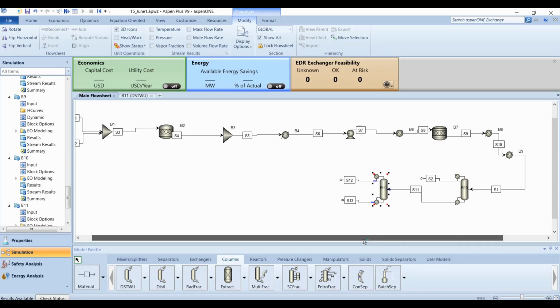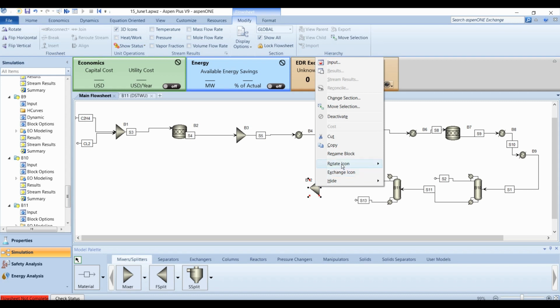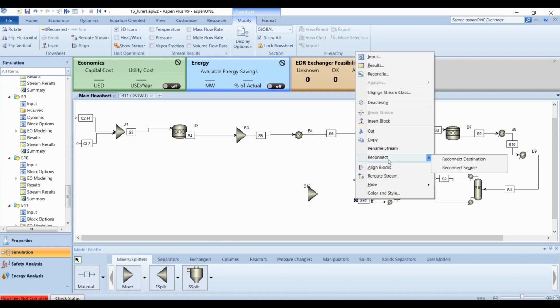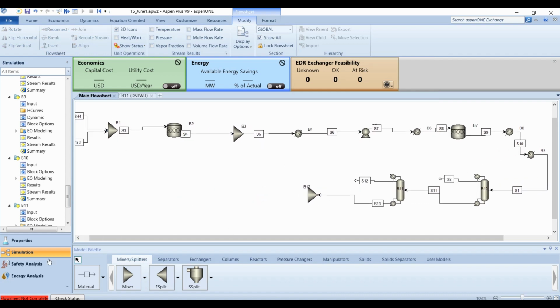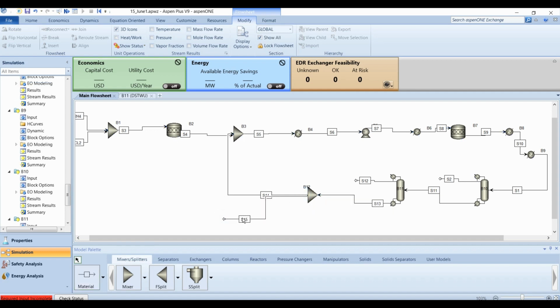So we know that we are supposed to put a splitter here. I will rotate it again because it's going backward. I will connect this bottom stream here, and I will mix it because I told you previously that this mixer is particularly for that purpose, and I will take one stream as a purge.